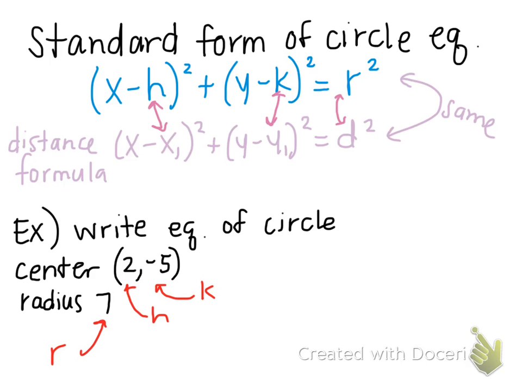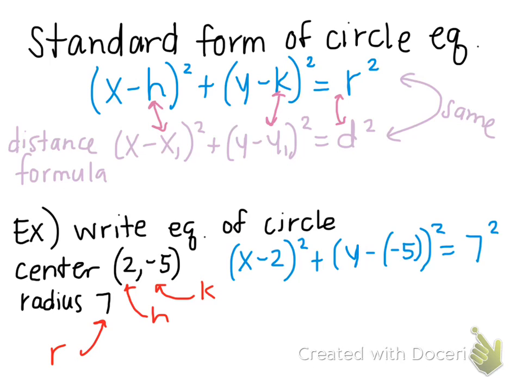So first thing I like to do is figure out, okay, well I know 7 is r, h is 2, and k is -5. So from here I just have to plug in those numbers to that standard form equation above. So (x - 2)² + (y - (-5))² = 7².